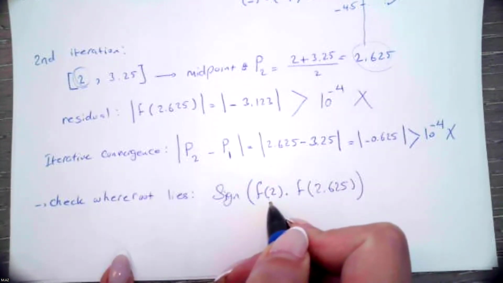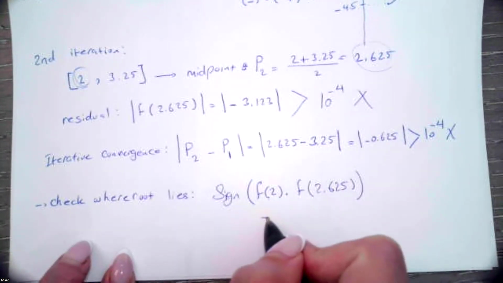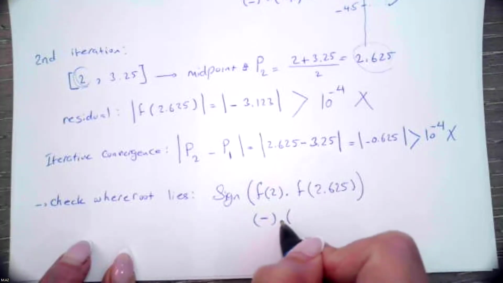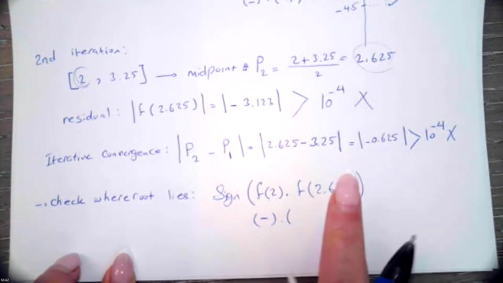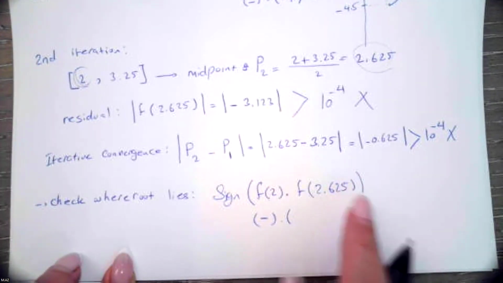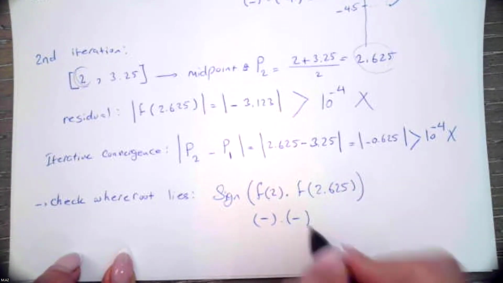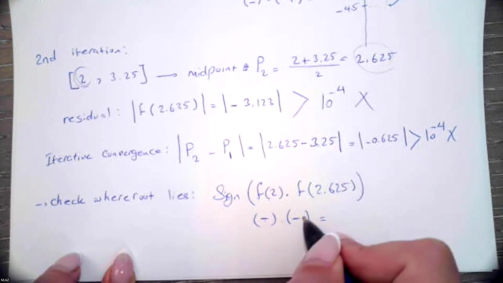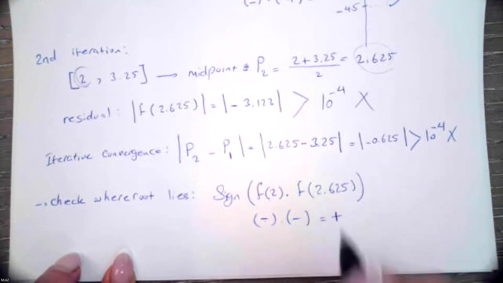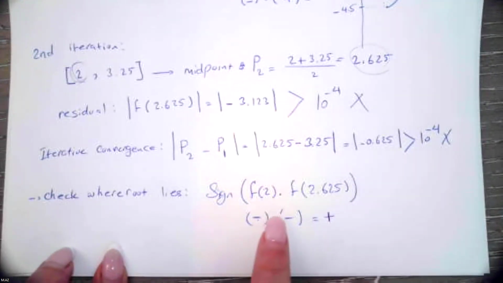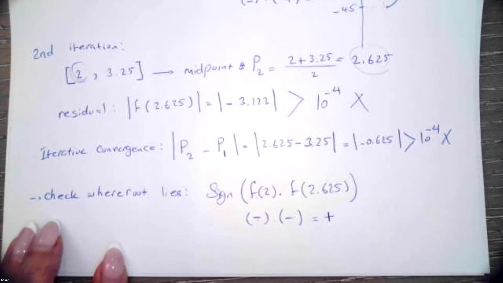The sign of the function at A is negative, and the sign of the function at P2 is negative. What does that mean? Negative times negative is positive, okay? And when this signum function is positive, it means the root is located after the midpoint.